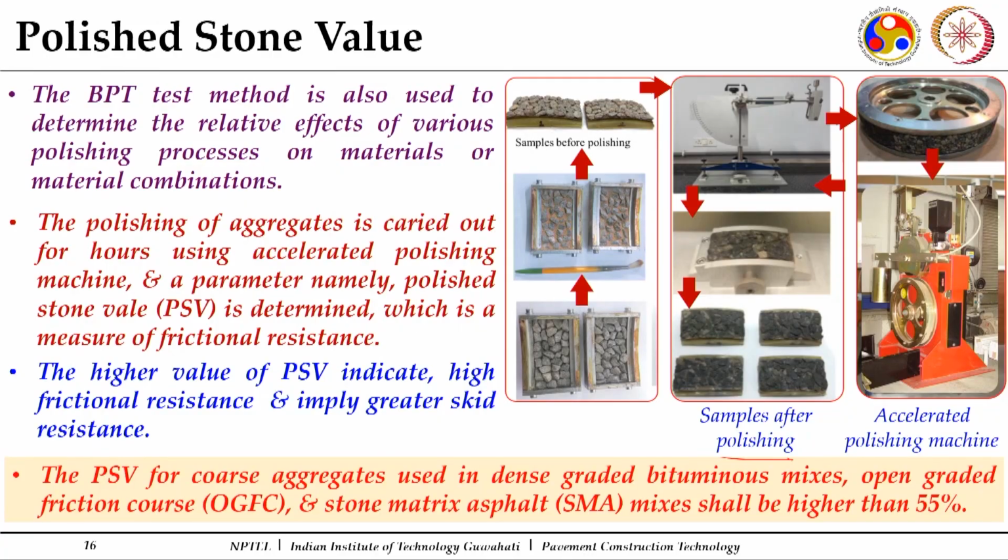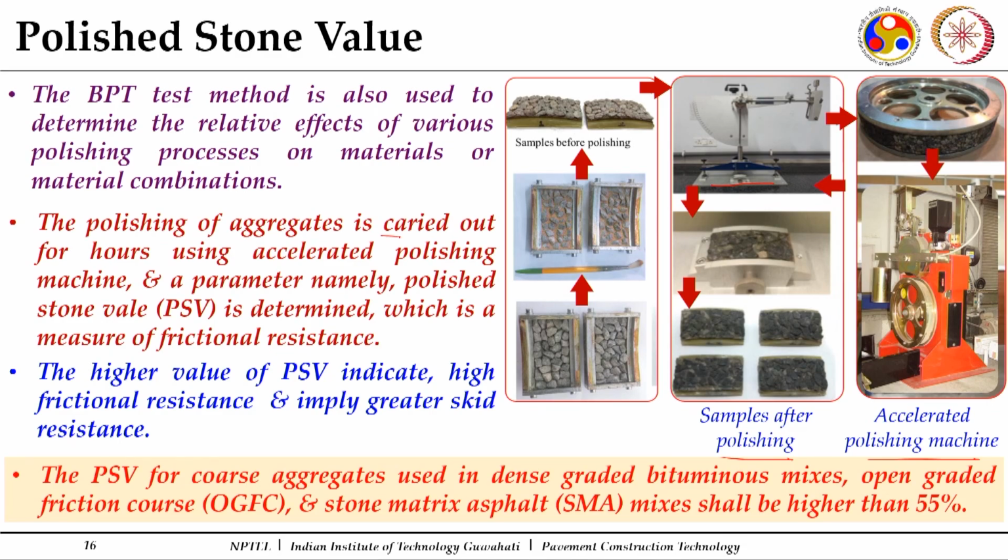Now, as I mentioned, you can have samples prepared in the laboratory when you are ensuring the polished stone value of aggregates, to see how susceptible your aggregates are to polishing. They are prepared in a matrix and then subjected to accelerated polishing action. You can test the ones before and after the accelerated polishing machine, and work out the difference between these two.